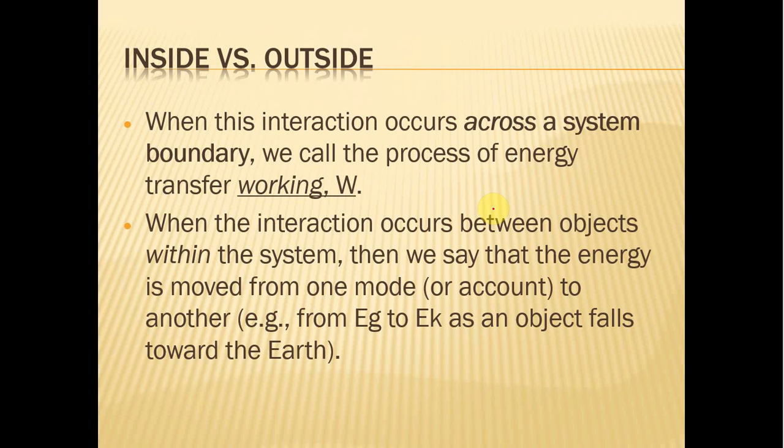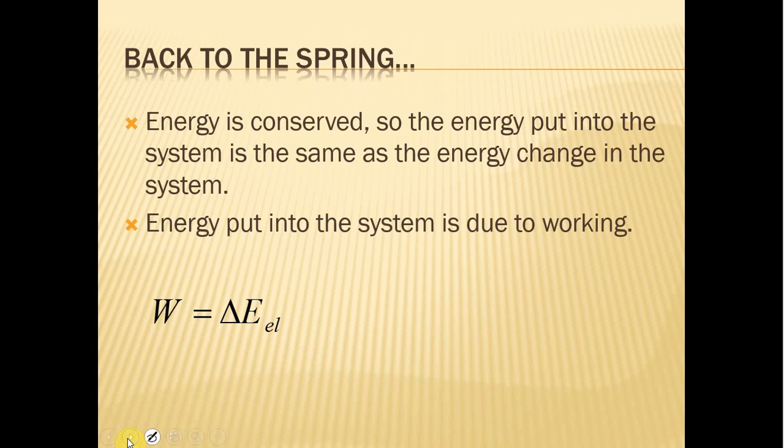This lesson is all about tracking energy changes, and force can cause our energy to change through the process of working. So work here equals our change in elastic energy. Again, the energy that the spring has was due to that process of working.